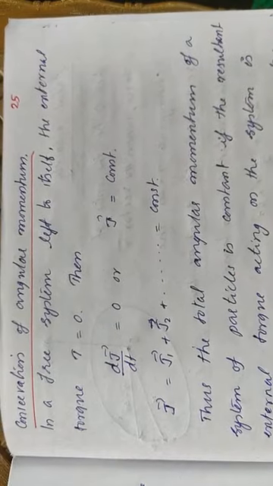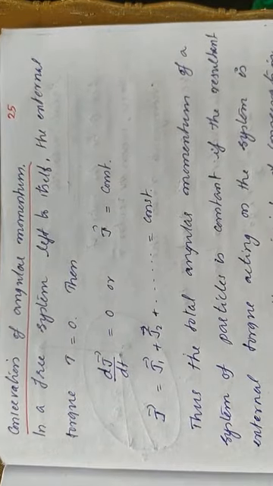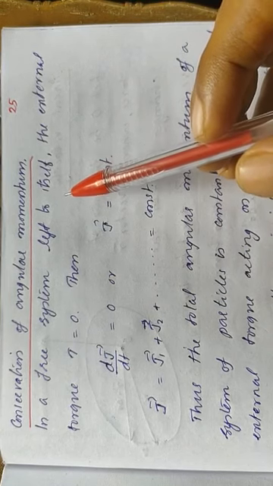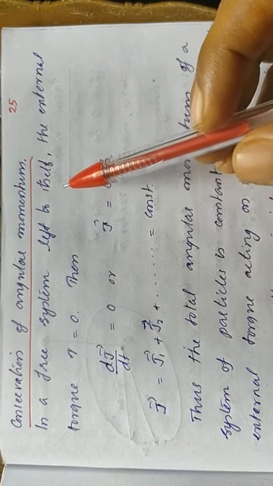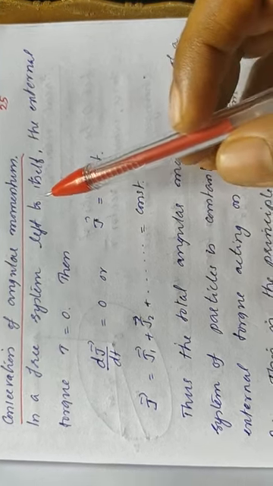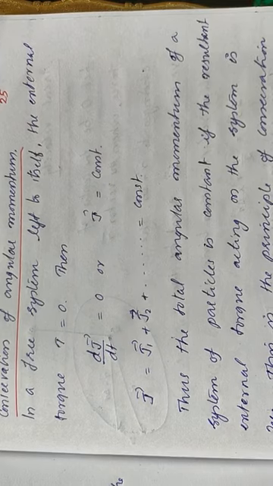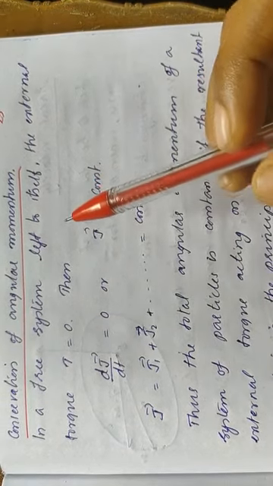Now we'll discuss what is conservation of angular momentum. In a free system left to itself, the external torque tau is 0.